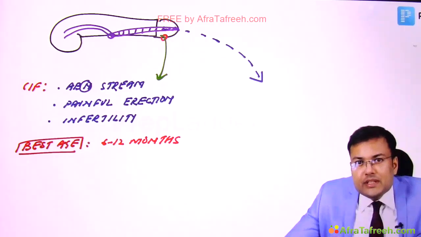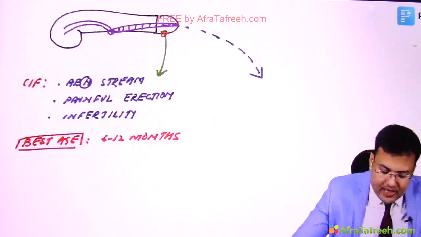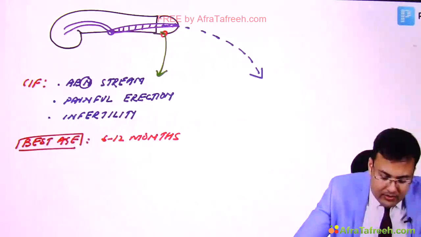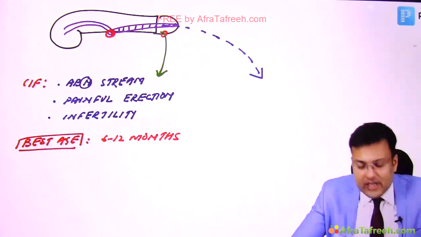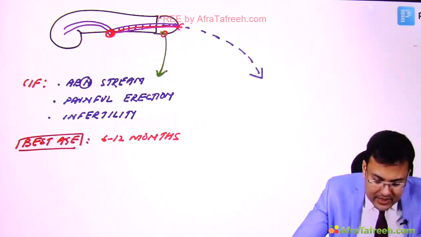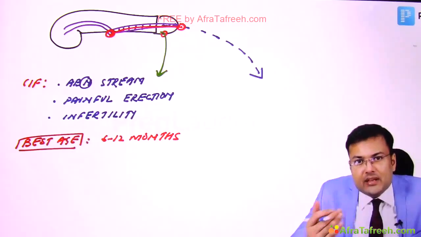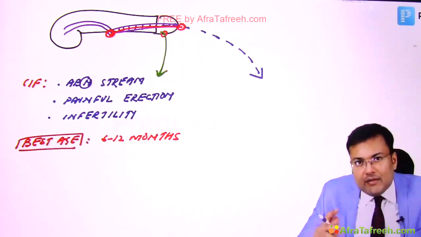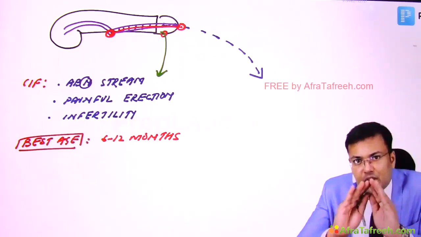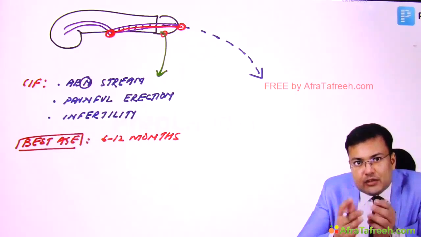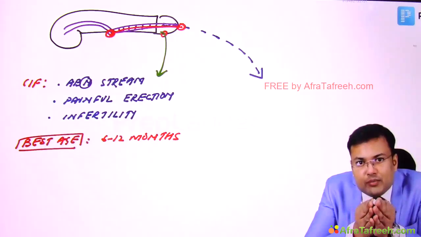Now see what is the principle of repair. In this case, see the problem. Here is the meatus. So what I have to do? I have to advance the meatus till glans penis. So this is known as meatal advancement. And after doing meatal advancement, you have to reconstruct the glans penis also. So this is known as glanuloplasty.